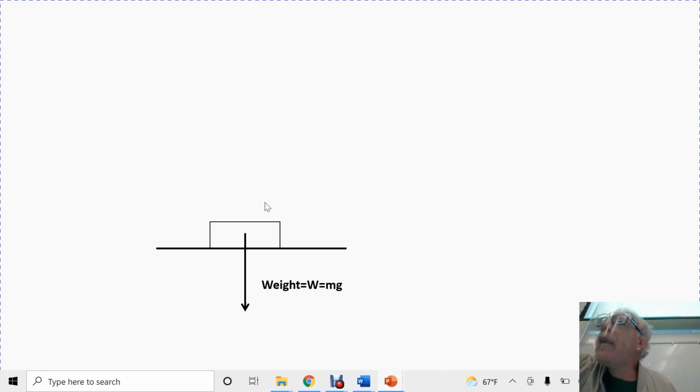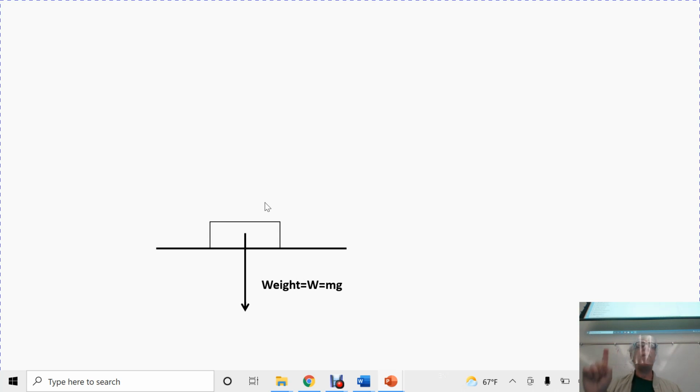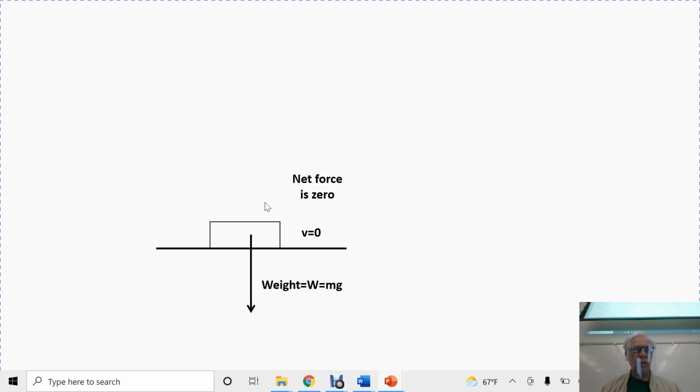Definitely, you know that there is a force pulling the object towards the center of the Earth, which is the weight. But if you had only the weight, this object wouldn't be at rest, it would be moving. So there must be a second force in there that's preventing that from happening. In this case, net force is 0. Here you go, weight, and then you have a second force called the normal.